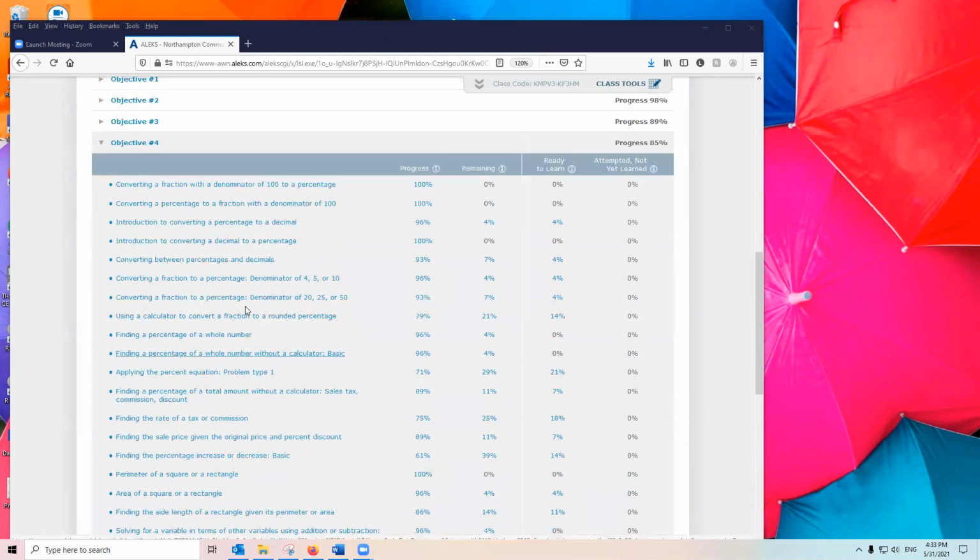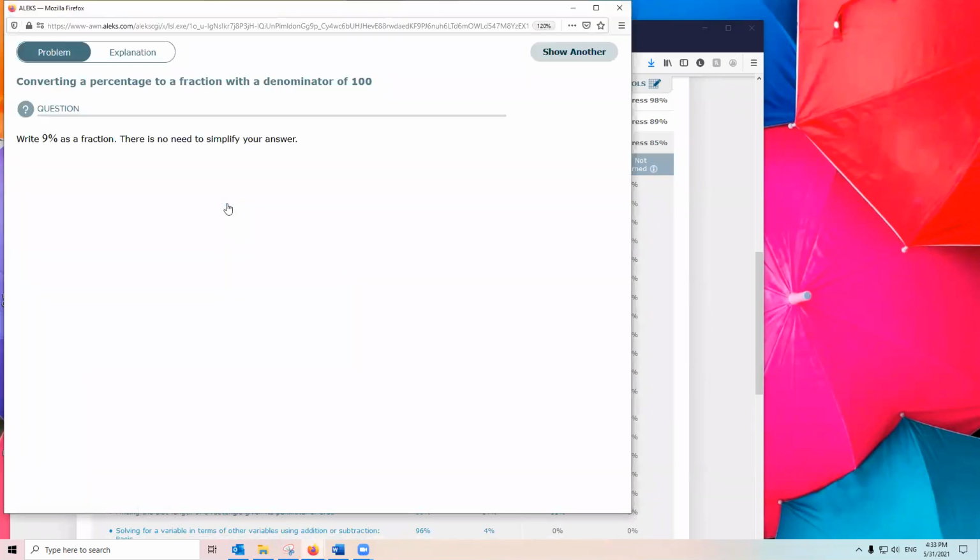So let's get started. It says how to convert a percentage to a fraction. It says write 9% as a fraction, and there's no need to simplify your answer. Well, the first thing we have to do is really understand, what does a percentage mean?